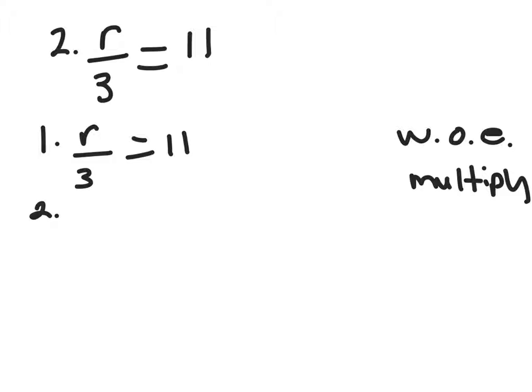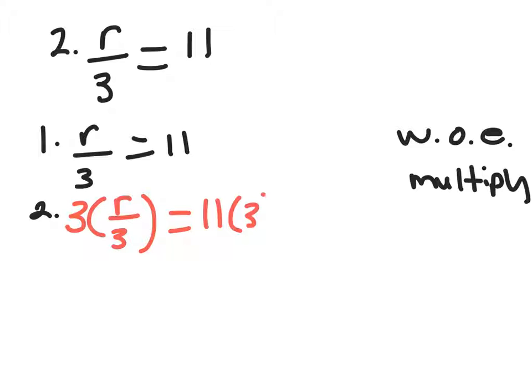as the inverse. We're going to multiply both sides by 3. And these will cancel each other out, and then we end up with r equals, sorry about that, 33.